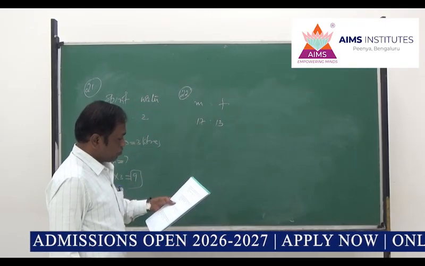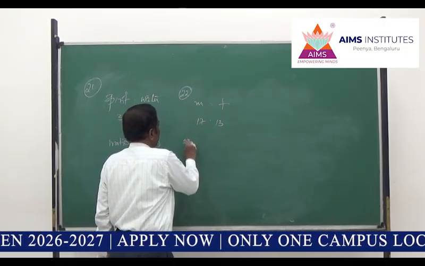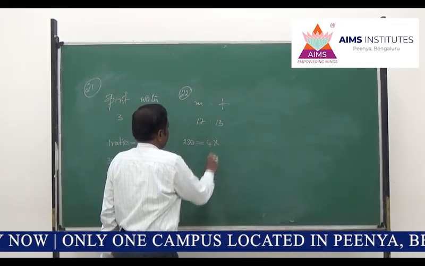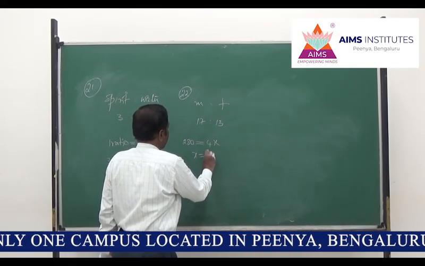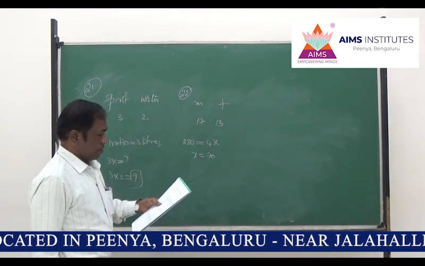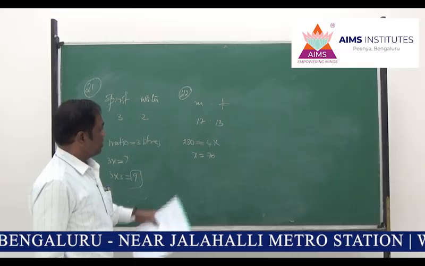If the number of males is 280 more than the females, this is equal to how many ratios more? 4x. It means x equals 70.